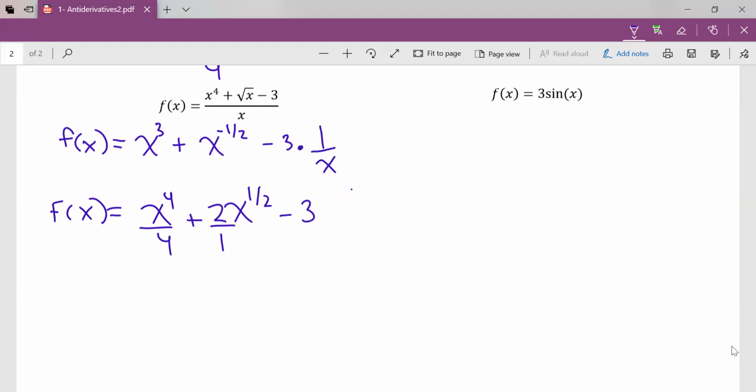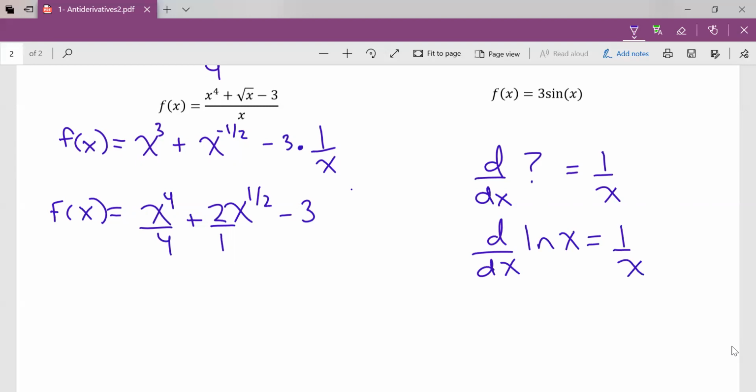What I want you to say is, what function would I take the derivative of to get 1 over x? The derivative of what function would give me 1 over x? Well, the derivative of the natural log of x gave us 1 over x, didn't it? So guess what? The antiderivative of 1 over x is natural log x.